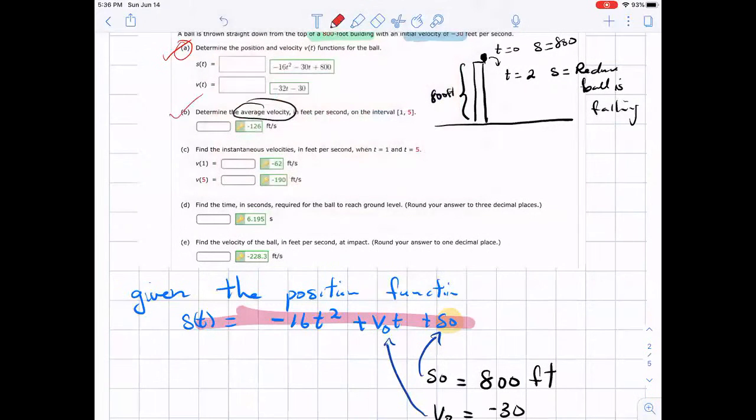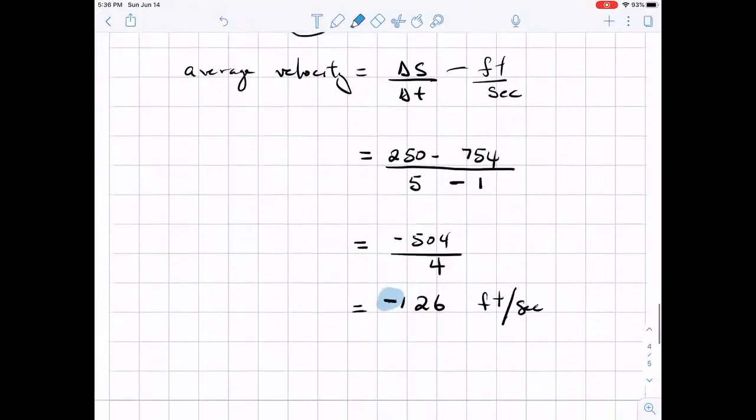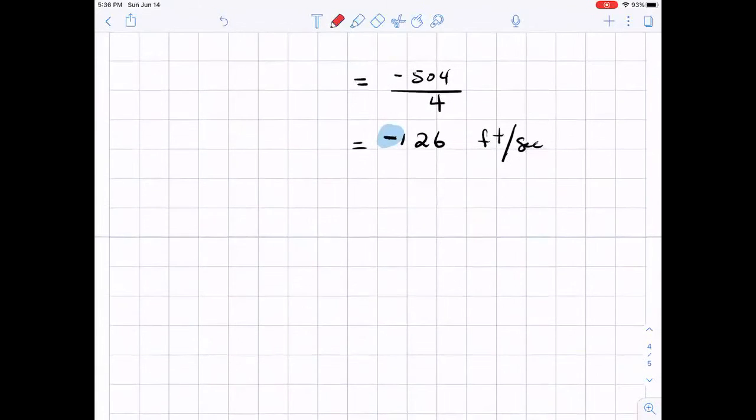For part C, you're asked to find the instantaneous velocities. First, you were finding average velocity. Now you're asking for instantaneous velocity. So to find the instantaneous velocity for part C, we use the function v of t.